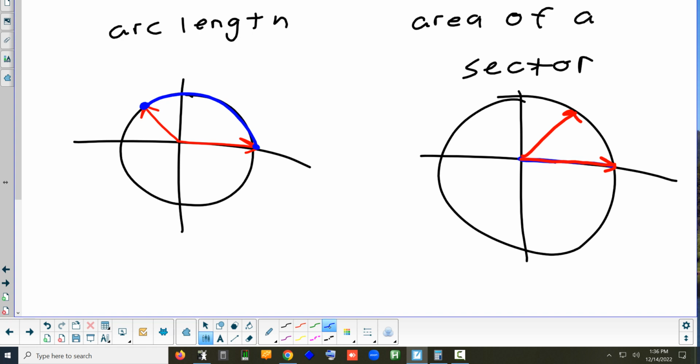And what you're going to look at this time is not the length of the arc, but the area of that shape right there. So a sector basically looks kind of like a piece of pizza. It's got two sides that are straight and one side that's curved. So those are the two things we're going to look at. We'll start with that one.